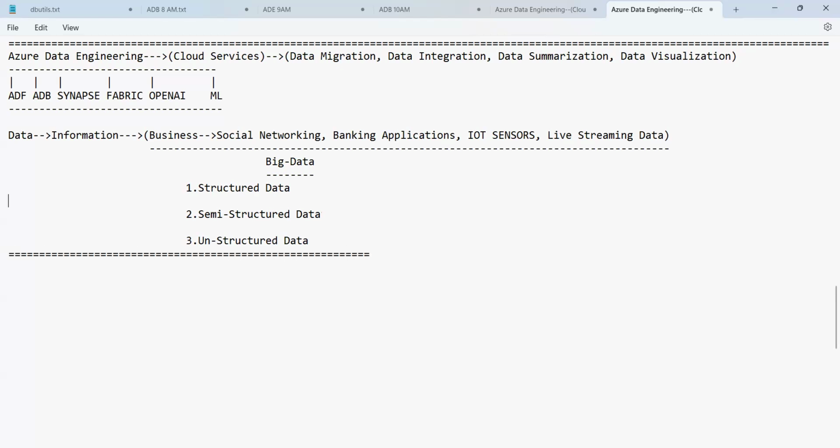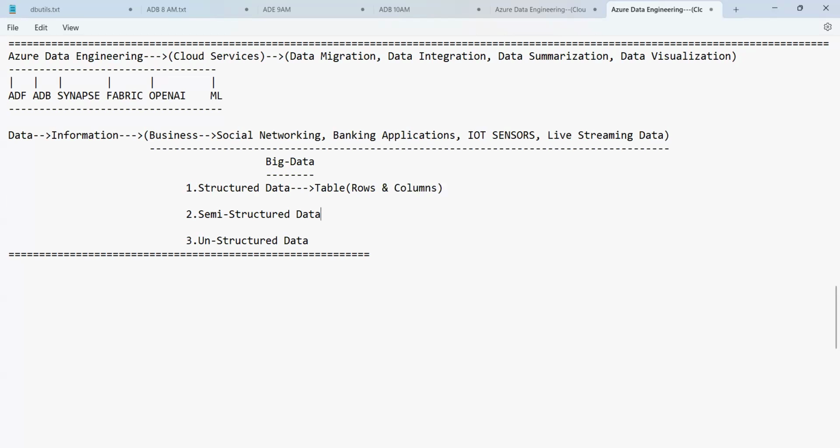So when we talk about structured data, it is highly organized data which is kept in the form of a table, that is, in the form of rows and columns.